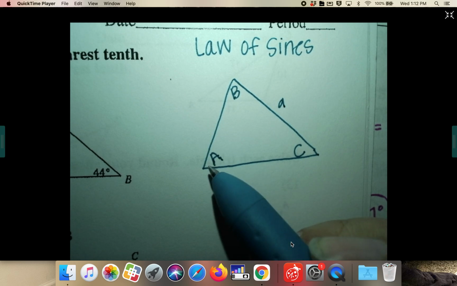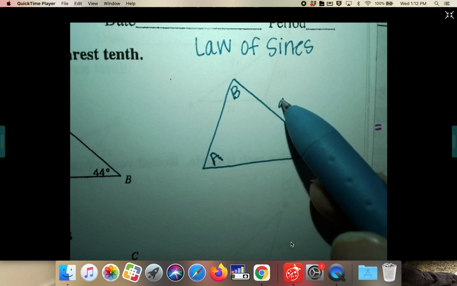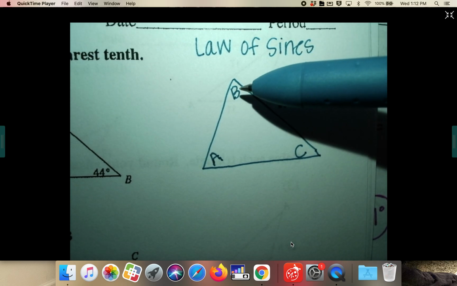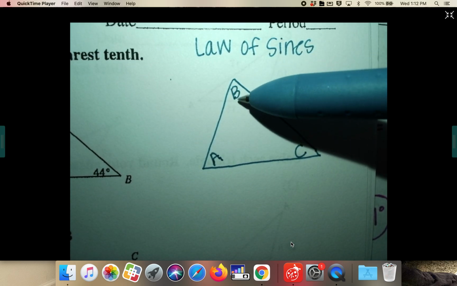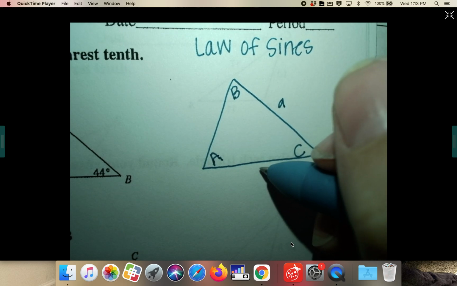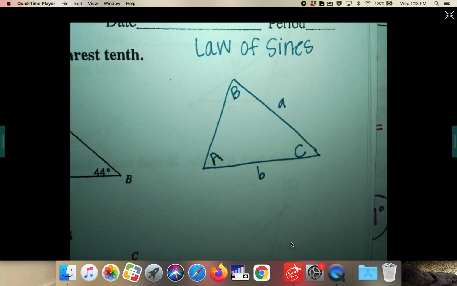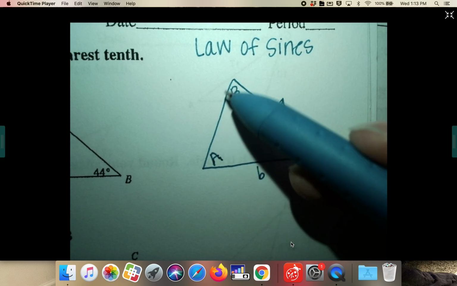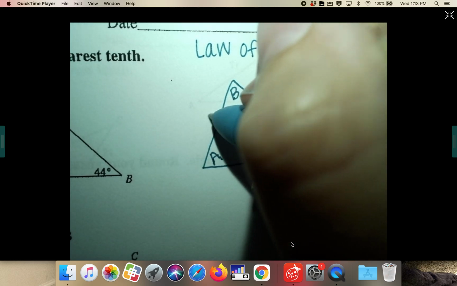So angle A is exactly across from side lowercase a. And then the same thing with B. Angle B is across from the side length that I want you to call lowercase b. And then capital C's angle is across from its side length, which is little c.